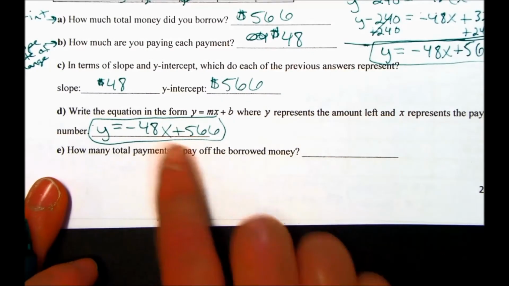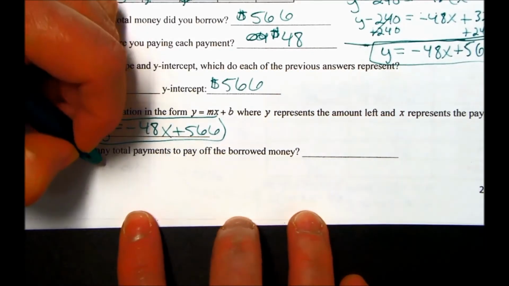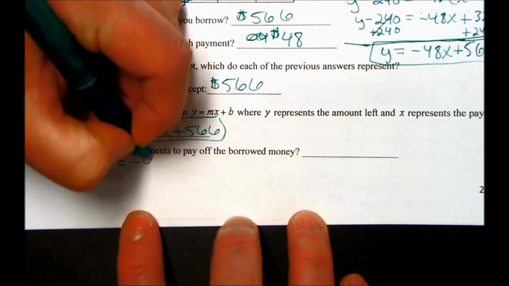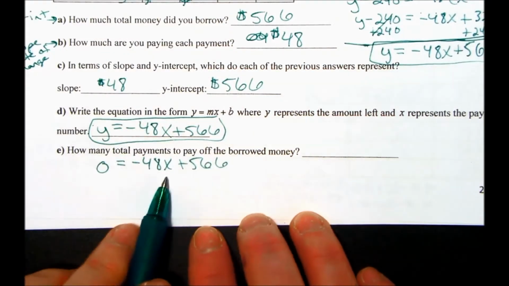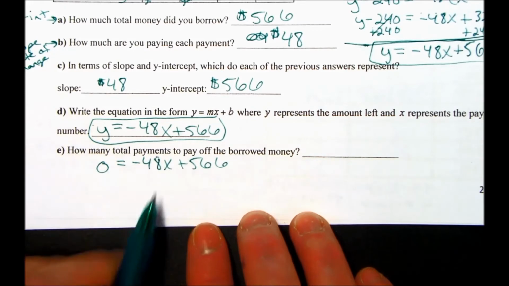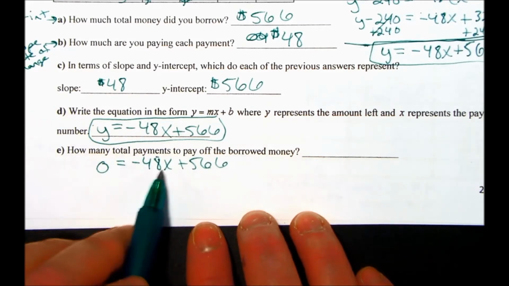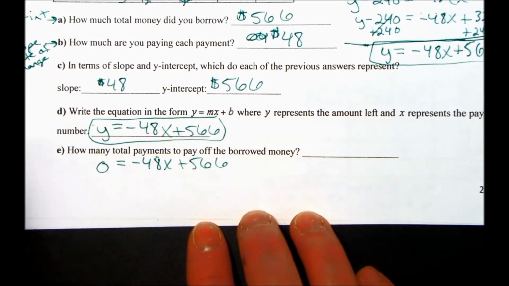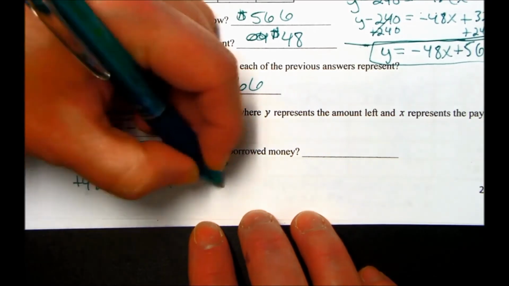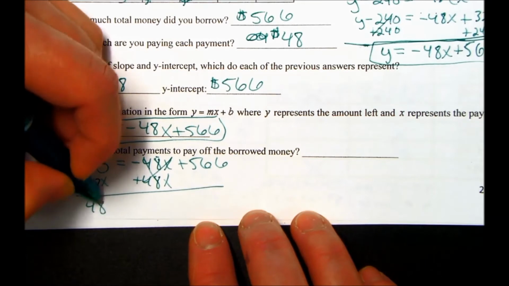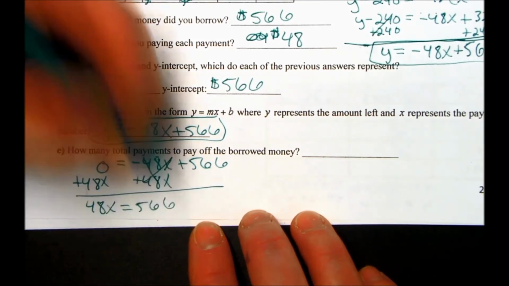So if we take our equation and put 0 in place of y, now we want to solve for x. Since my x term here is negative, I'm going to add 48x to the other side to make it positive. So I get 48x equals 566.